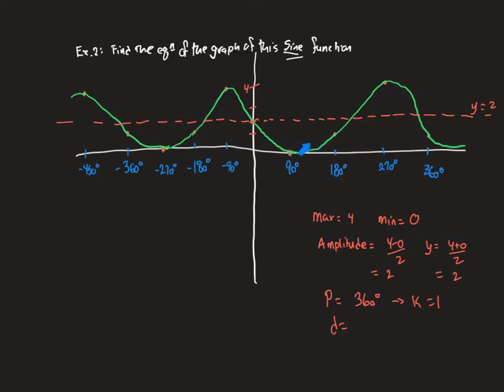So I'm actually at 0 here at 90. I'm at 0 here at 270. I'm at 0 again all the way around here. So there seems to have been a shift by about 180 degrees.